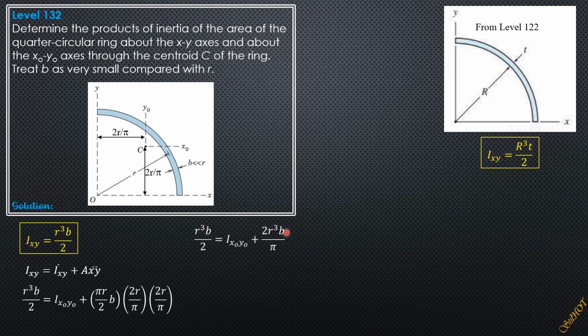Factoring out r cube b, then we have IXOYO equals quantity 1/2 minus 2 over pi times r cube b, that's it. IXOYO is equal to quantity 1/2 minus 2 over pi r cube b.